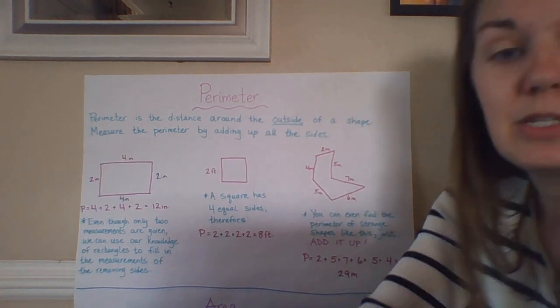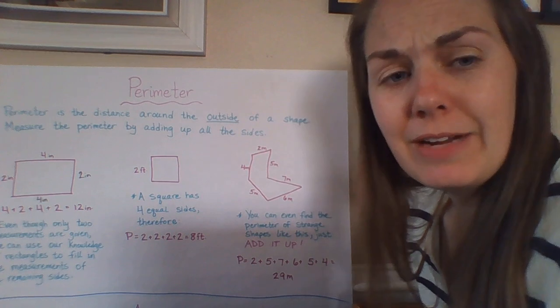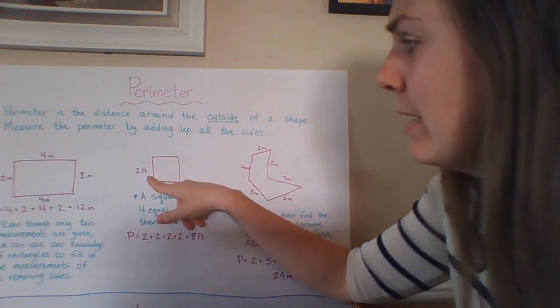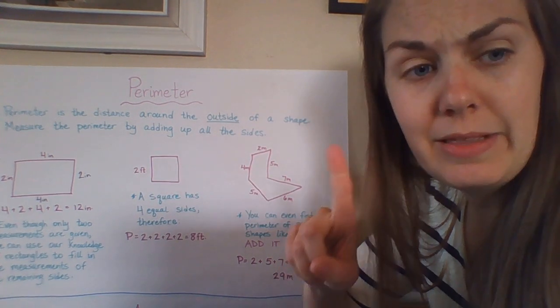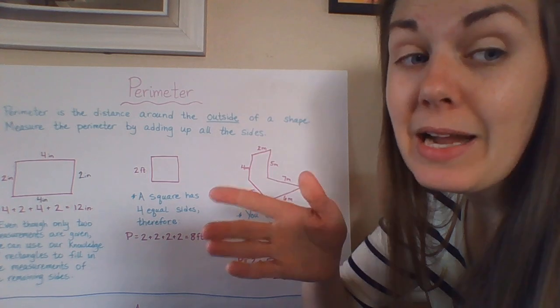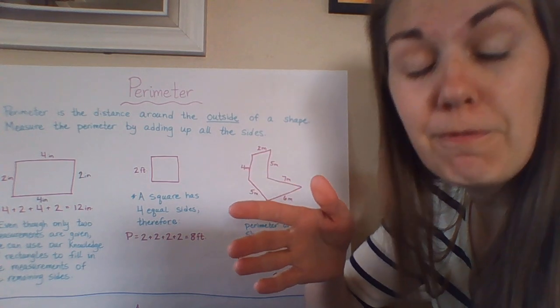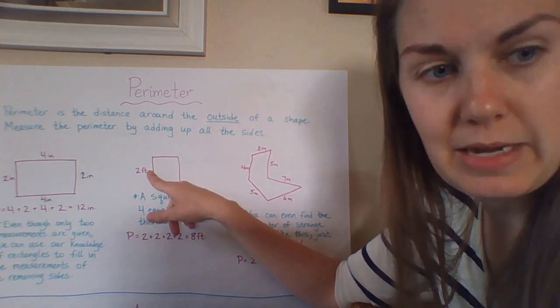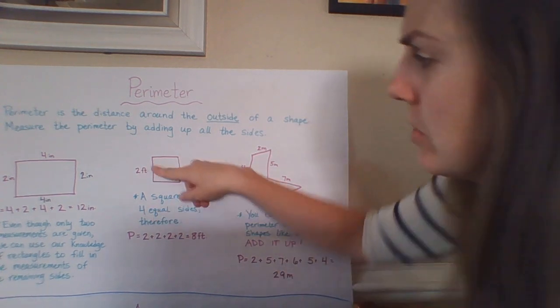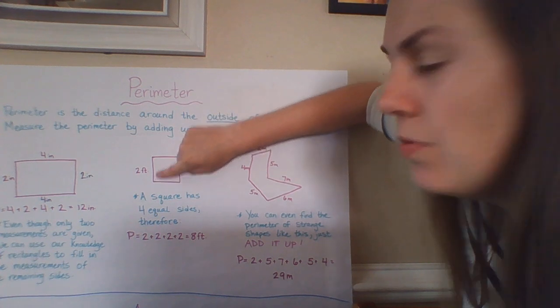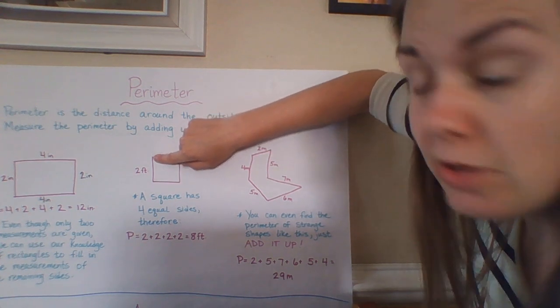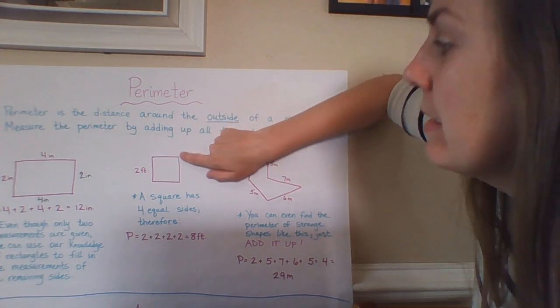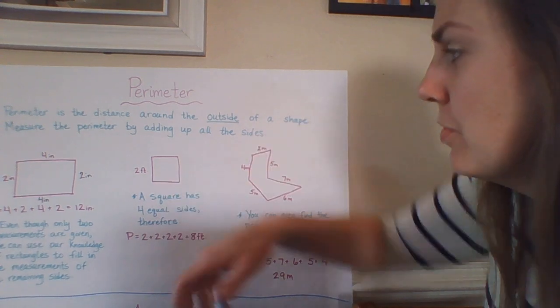If I'm dealing with a square, we can do the same thing, only on my square, I only have one side that has been measured. But I know that squares have 4 equal sides, meaning that this side, this side, this side, and this side are all the same length. So even though it's only written as 2 feet, I know that this side will also be 2 feet, and this side will be 2 feet, and this side will be 2 feet.